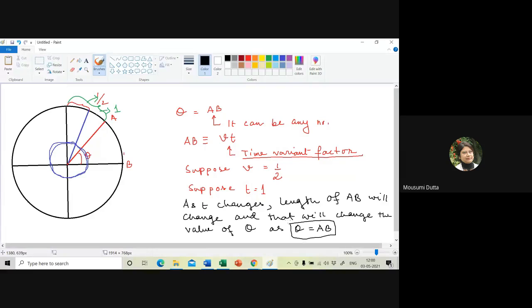So there is a complete relation between the movement of time and thereby the value of the arc, and finally that itself is changing the angle between the radius and the, it is better to say, this angle, theta.